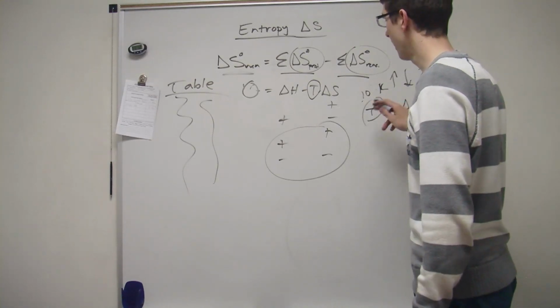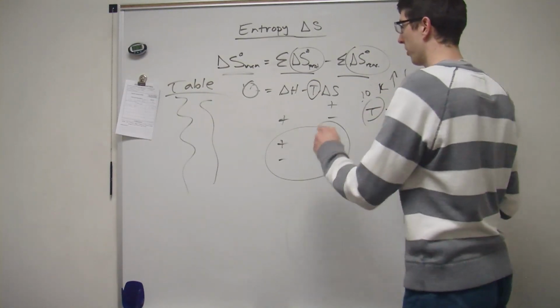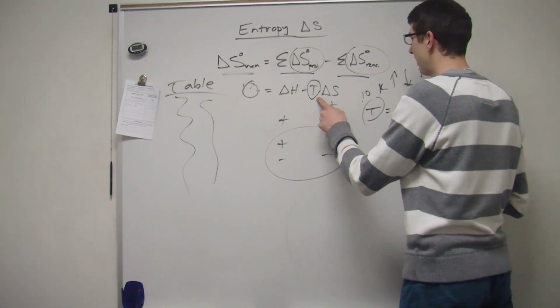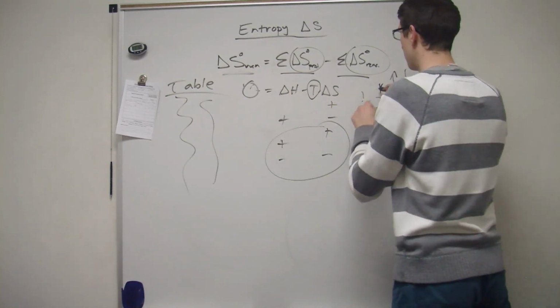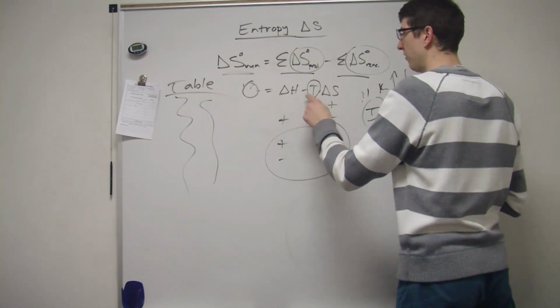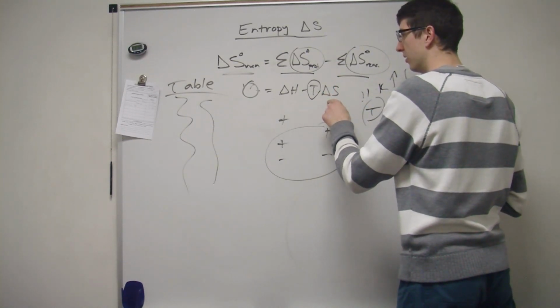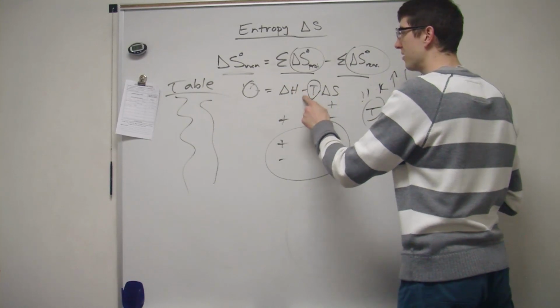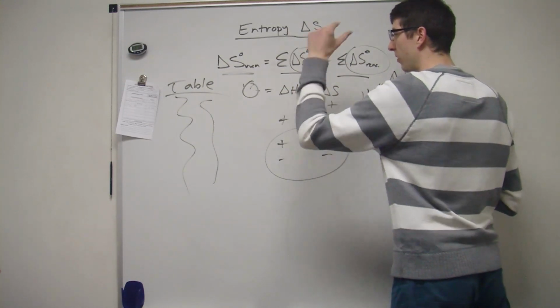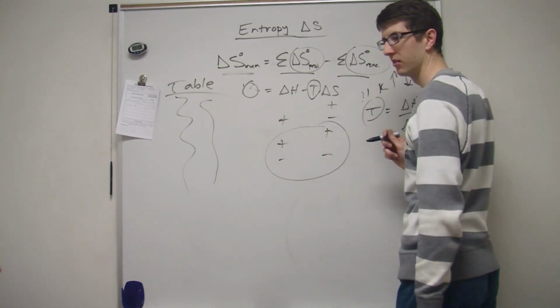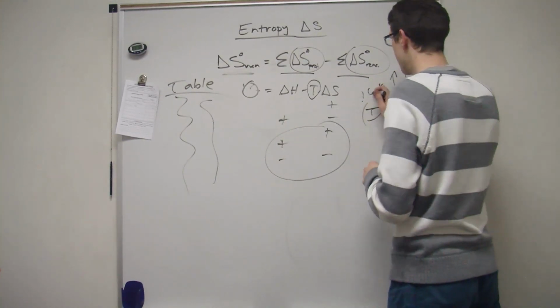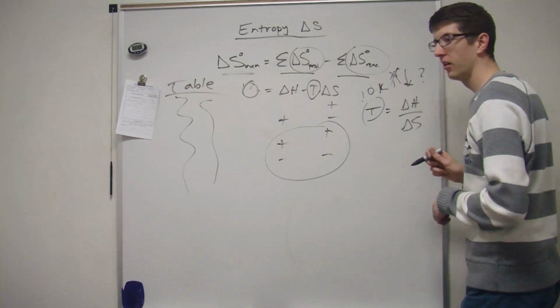Because this is more accurate, because, anyways, we'll talk about that in a second. So if we have 10 Kelvin as our answer, and it's 0, what if I go to 11 Kelvin? Now I have a negative minus a negative that will make it positive. So if we go above this temperature, it will be non-spontaneous.